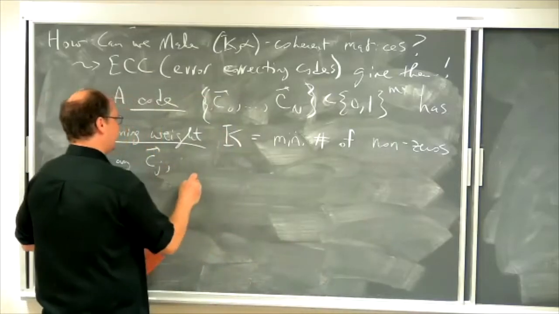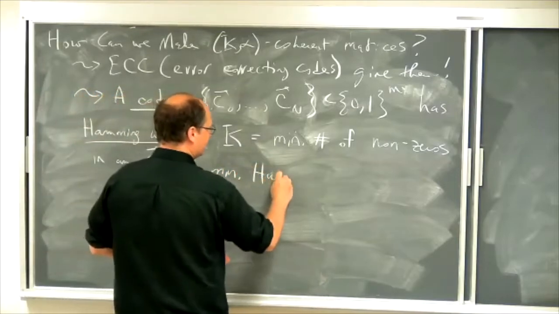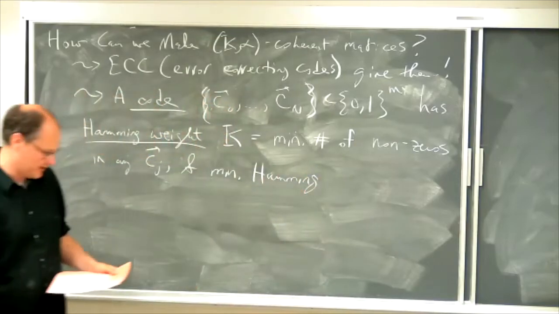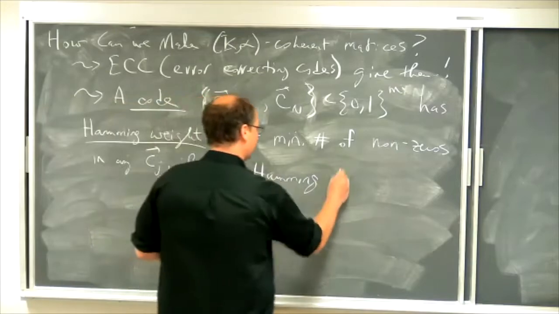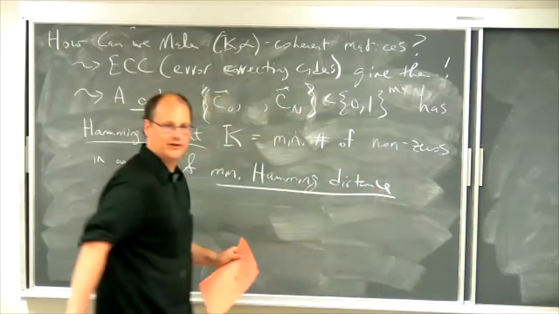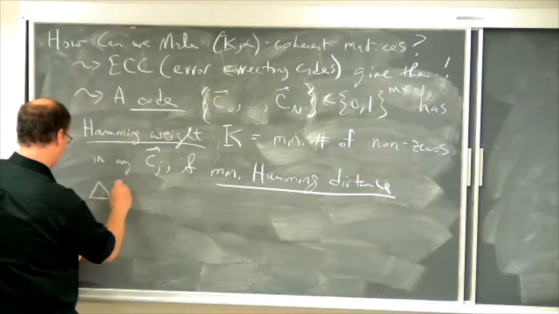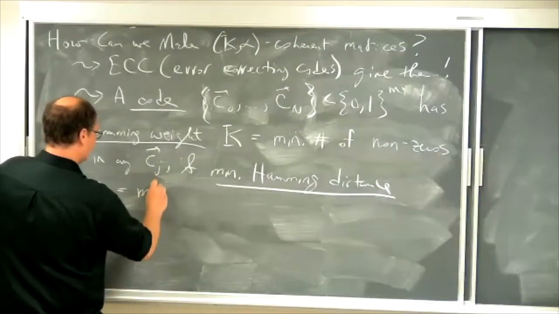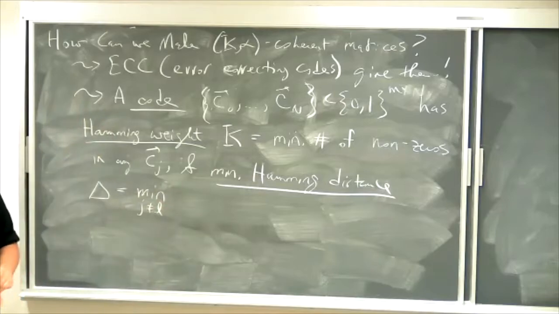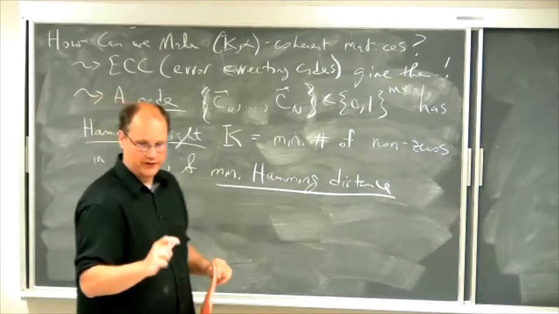And the minimum Hamming distance, which is another thing that you'll find if you look up what an error correcting code is for the first time, is defined in that literature to be the following. I'll call it delta. It's going to be the minimum, over two different code words, so j not equal to l, of the number of positions where they disagree.